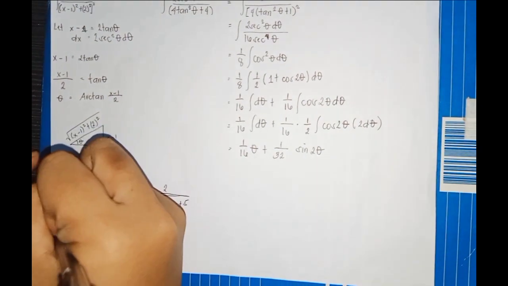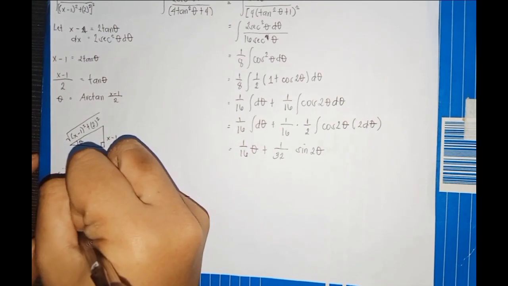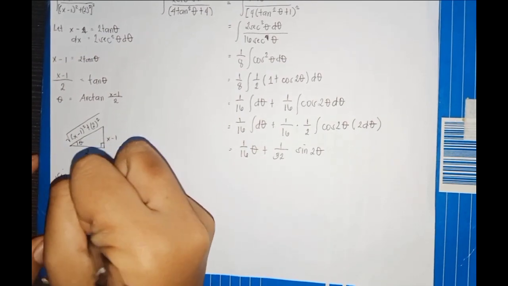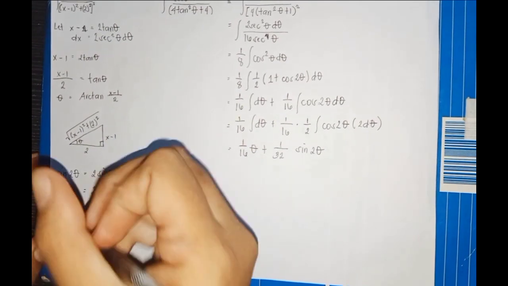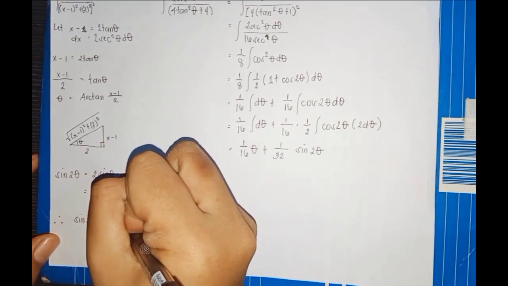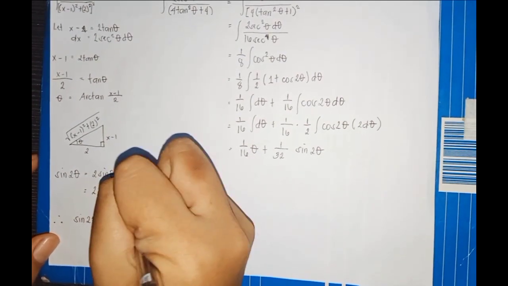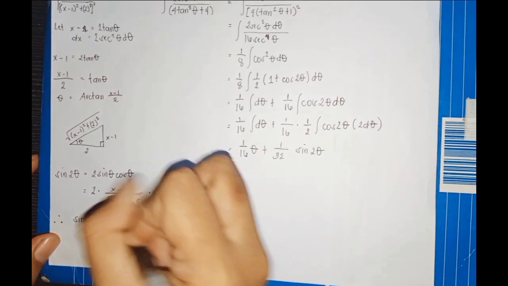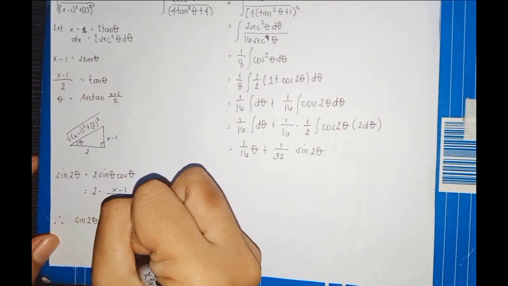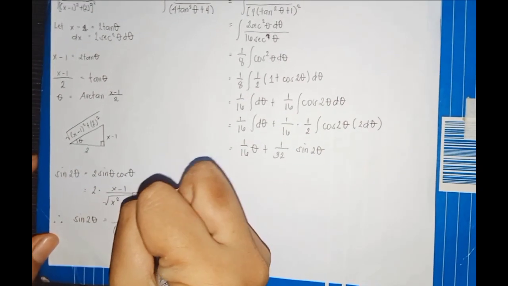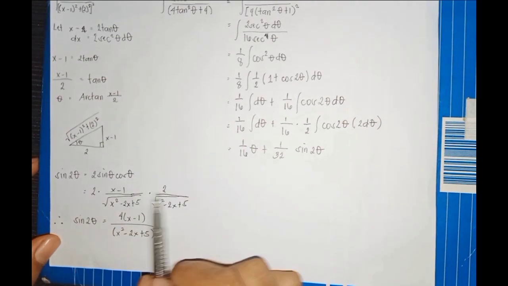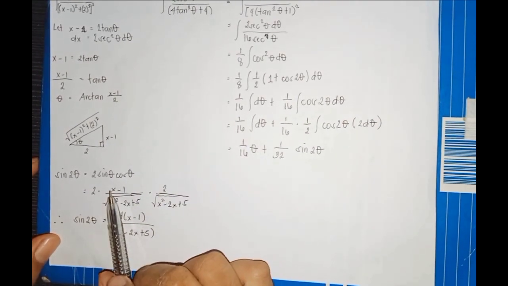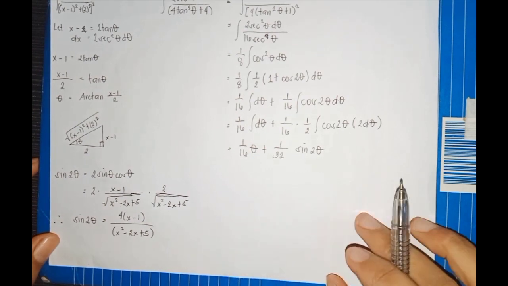So therefore our sin 2 theta will be 4 times x minus 1 all over x squared minus 2x plus 5. So why 4? Because 2 times 2 will be 4, so we will just copy this x minus 1.